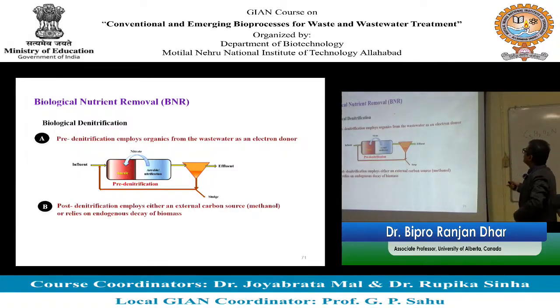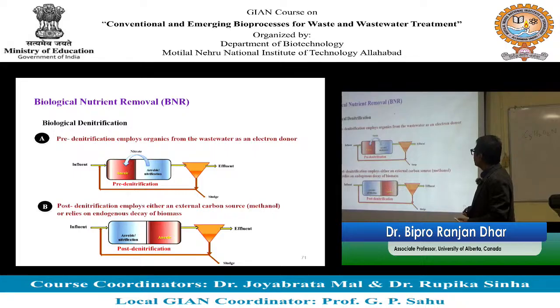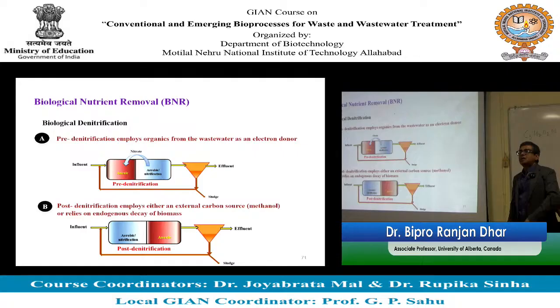But if we do a post-denitrification process, then we have to provide an external carbon source. We could add ethanol or acetate. But instead of buying chemicals, most treatment plants in North America do a process called sludge fermentation.